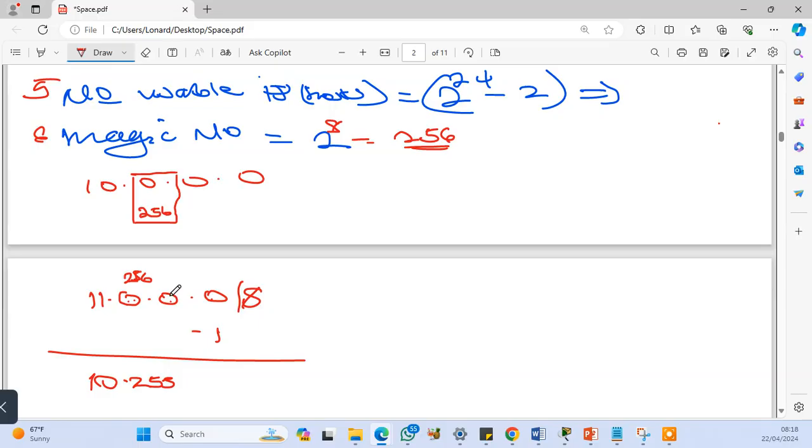And if I borrow 1 and it comes here, it will be equivalent to 256, and that is where I will borrow 1. Still I will remain with 255, and when it comes here, it's 256 again. I will subtract the 1 and remain with 255.